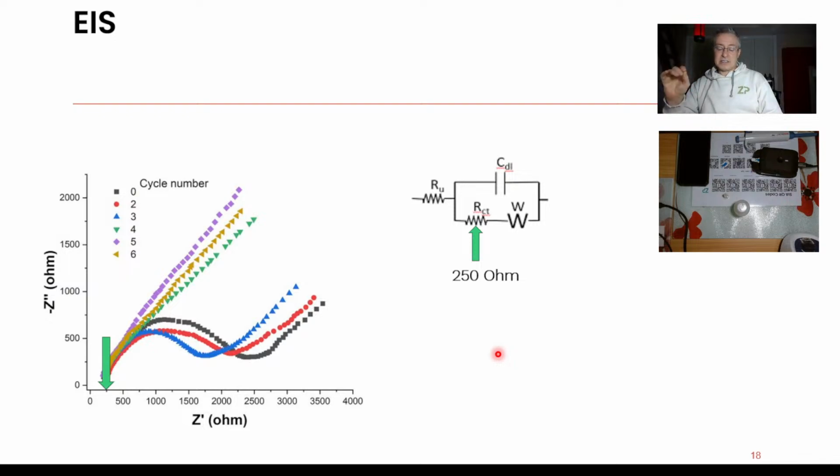So EIS doesn't compensate, doesn't eliminate solution resistance. It tells you what it is. Now, if you had a whole series of experiments and they all had different solution resistances, you could basically subtract the solution resistance and get rid of it as a variable. So EIS doesn't solve the problem, it just tells you how big a problem you've got, let's say.